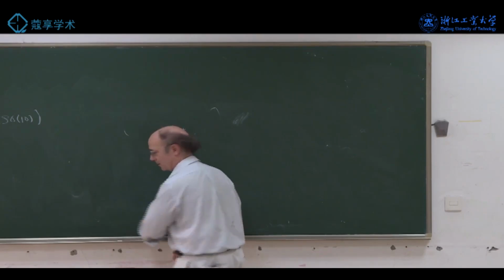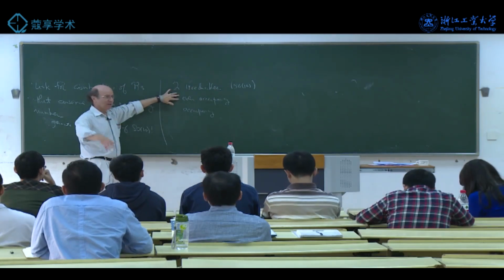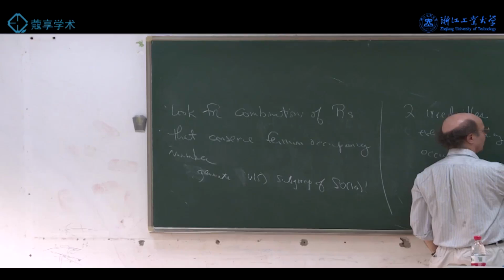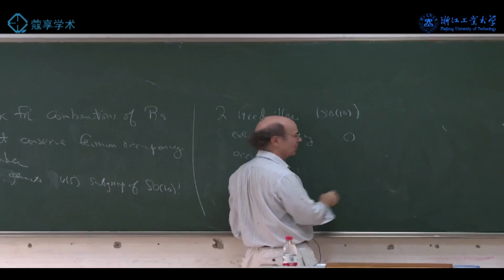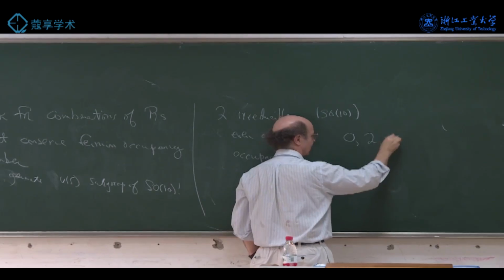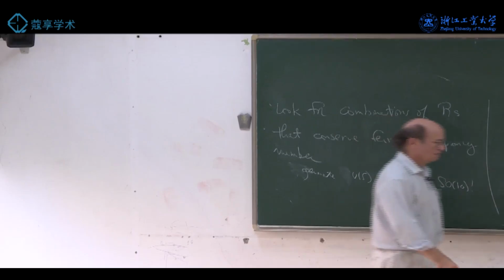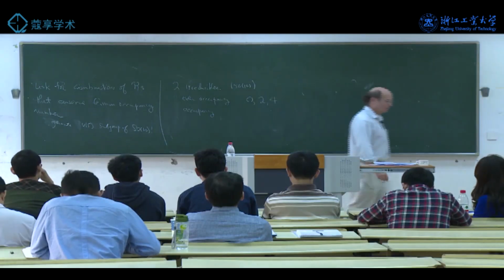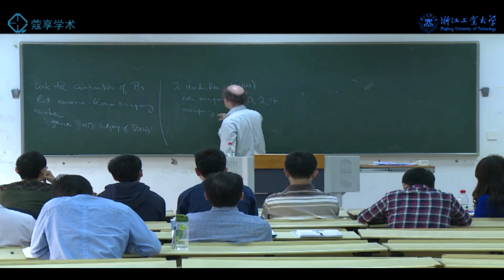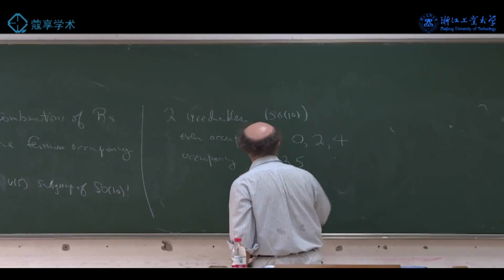Under SU5, the different occupancies are separately irreducible. So when we have even occupancy, we have one SU5 multiplet which corresponds to 0 occupancy, another that corresponds to 2 occupancy, and another that corresponds to 4 occupancy of the fermions. Whereas if we have the odd occupancy, we can either have 1 or 3 or 5.